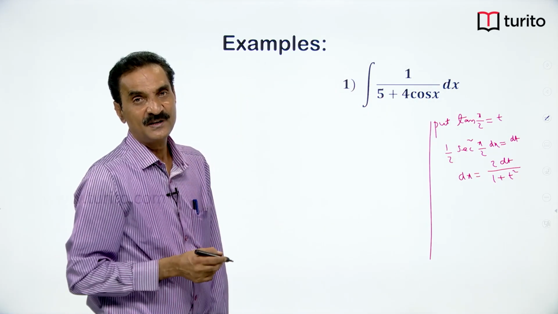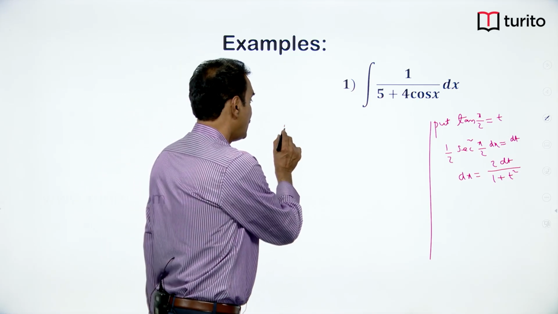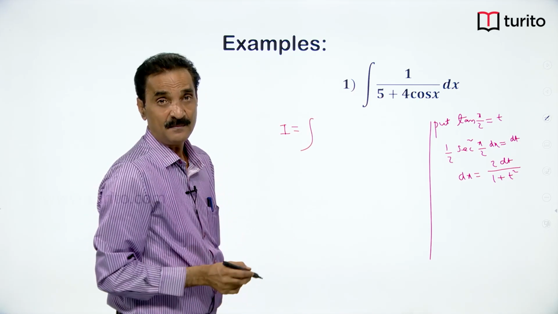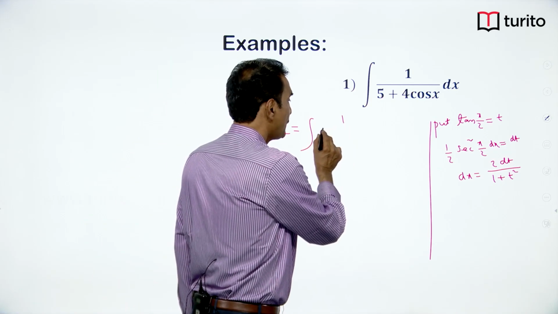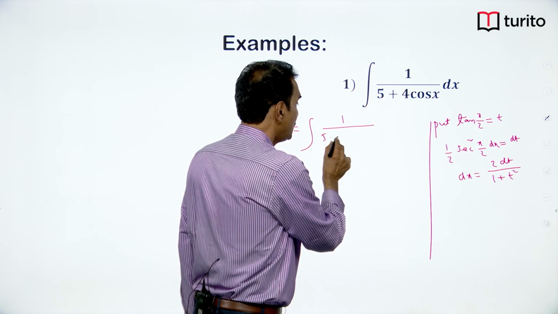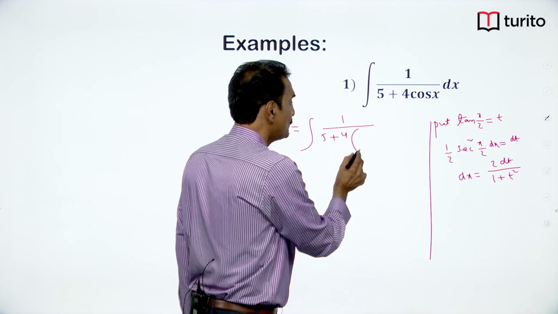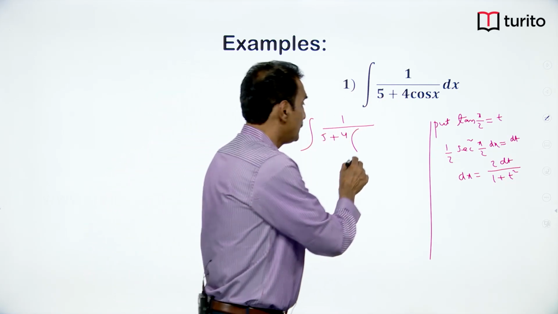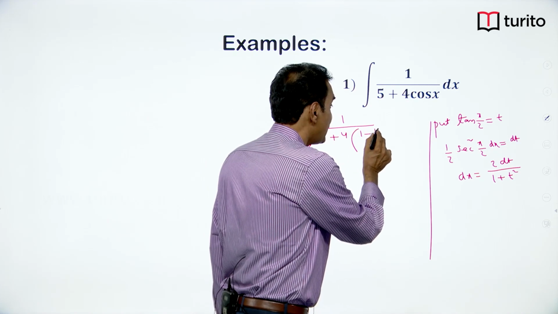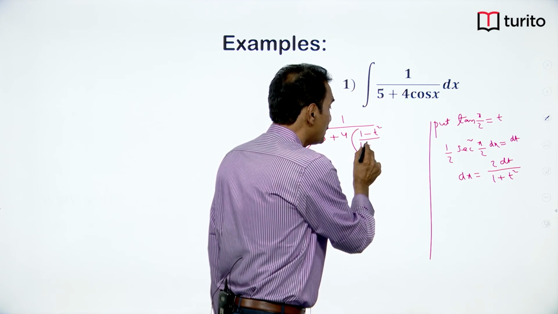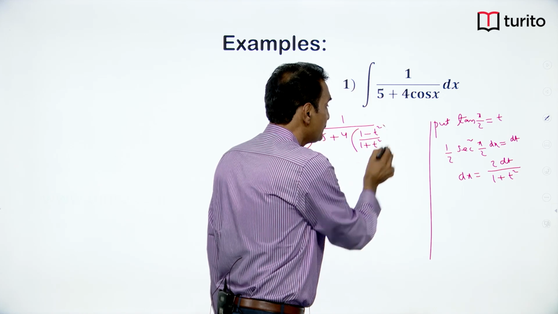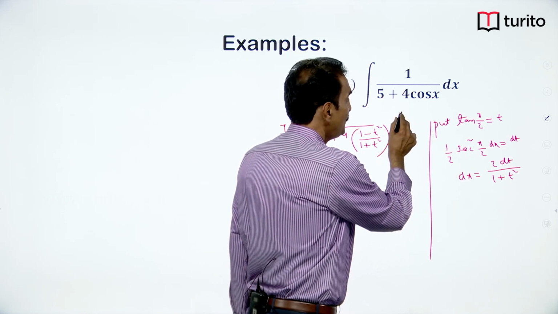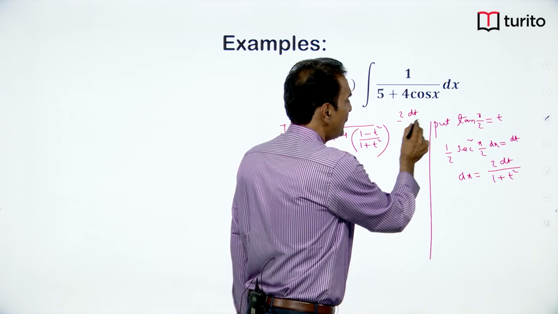Now substitute in the given integral. I is equal to integral 1 by 5 plus 4 into, what is cos x in terms of t? 1 minus t square by 1 plus t square, into dx, which is 2 dt by 1 plus t square.